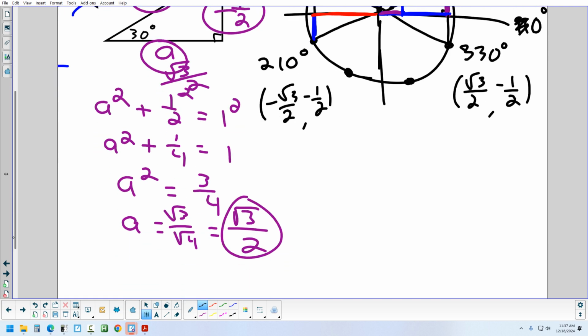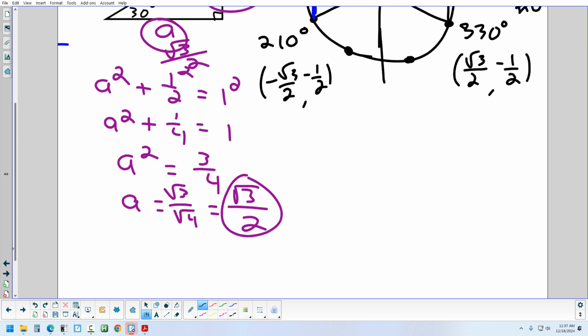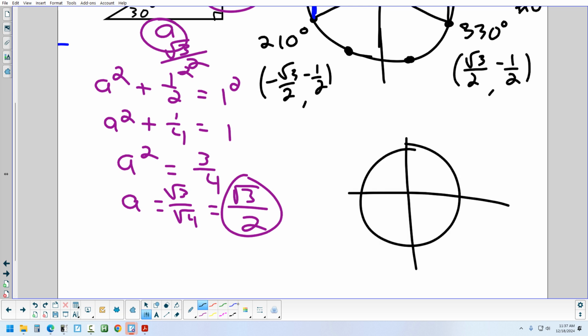So what ends up happening is there are 3 different angles in each quadrant you can do. You've got the 45, the 30, and the 60 in each, just like that. But there's a gap. You're missing the 15s, 15 and 75.